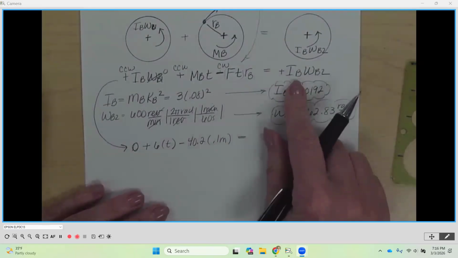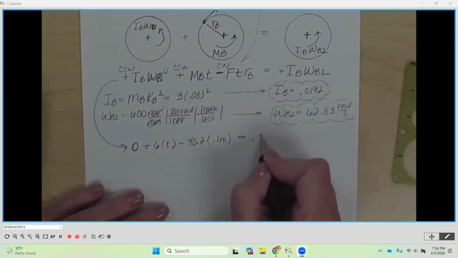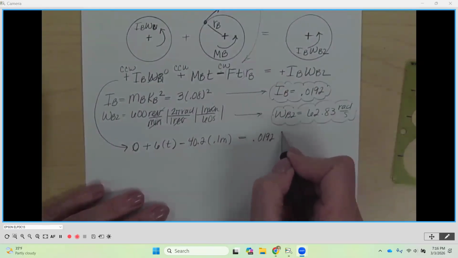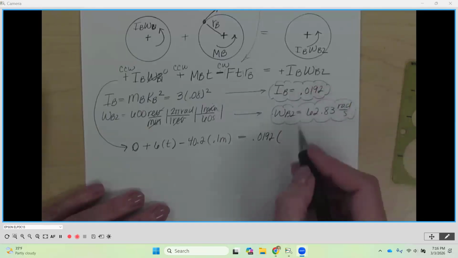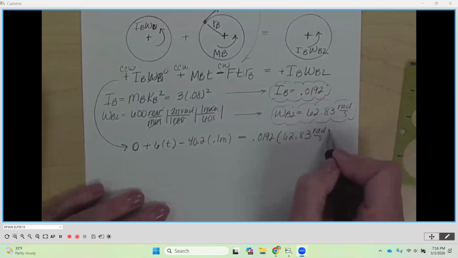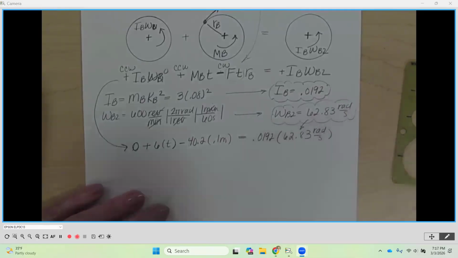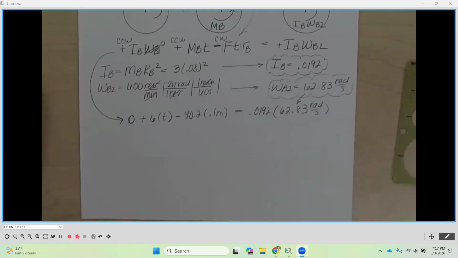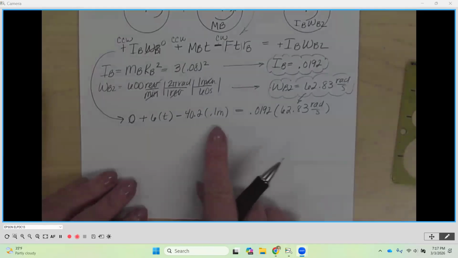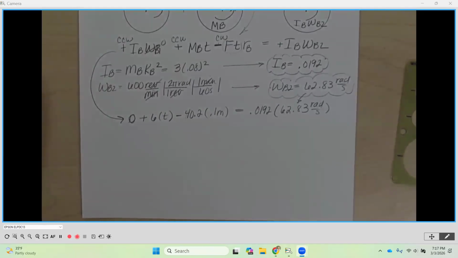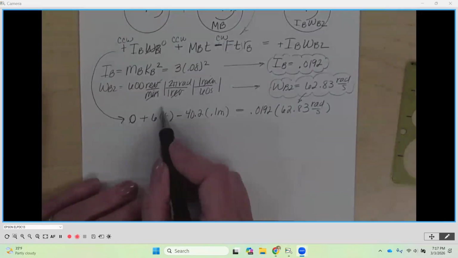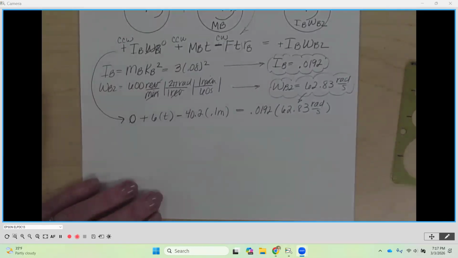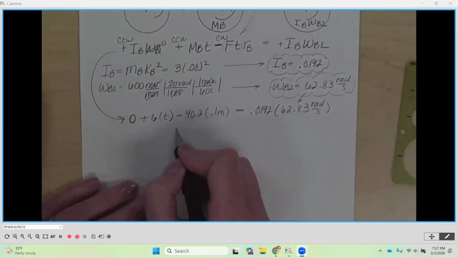It's going to be equal to 0.0192 times our WB2, 62.83. I'm just going to put the radians per second so you know that that's what that is. Again, you don't have to put the units in, but it's just kind of like little markers so we can see it. Okay, so go ahead and you should be able to solve for T because T is our only unknown here, which is going to be our answer for part A.